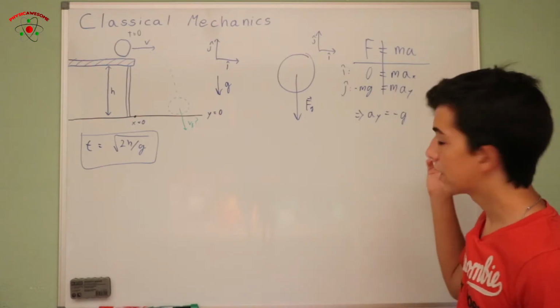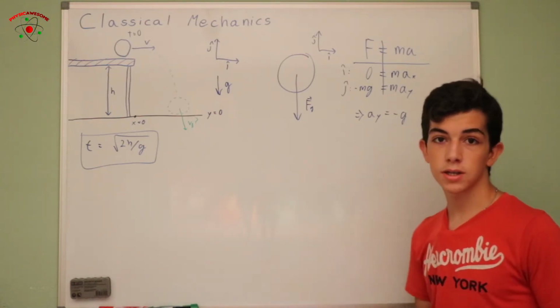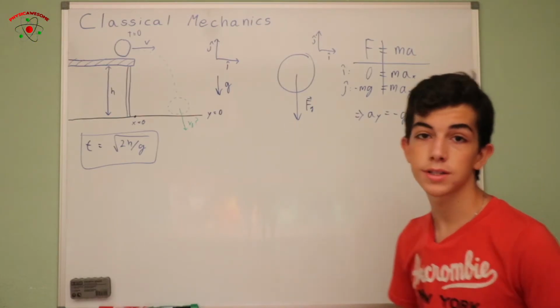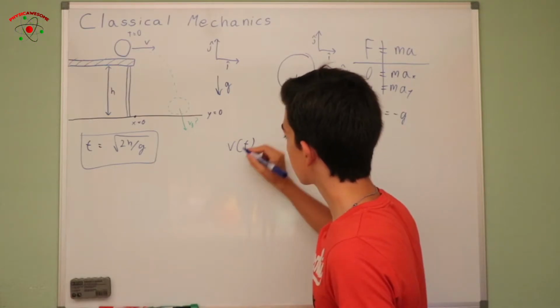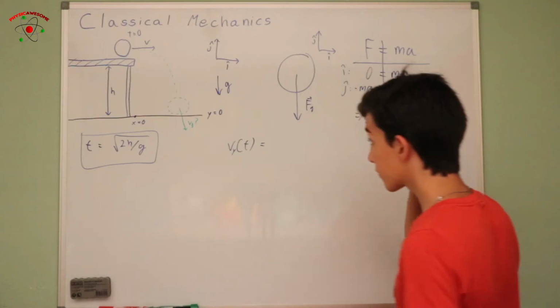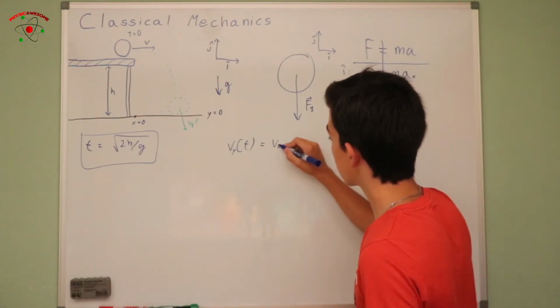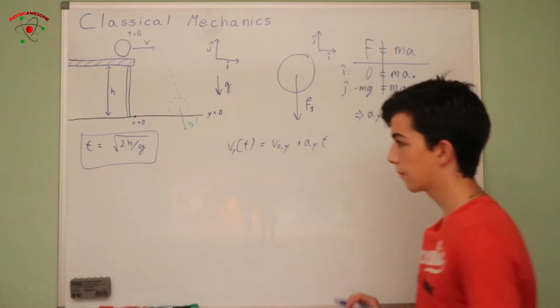Again, by the definition of acceleration, or of this equation here, by taking into account that it's a constant, we can easily derive the following equation. This is that the velocity as a function of time in the y direction equals the initial velocity in the y direction plus acceleration times time.